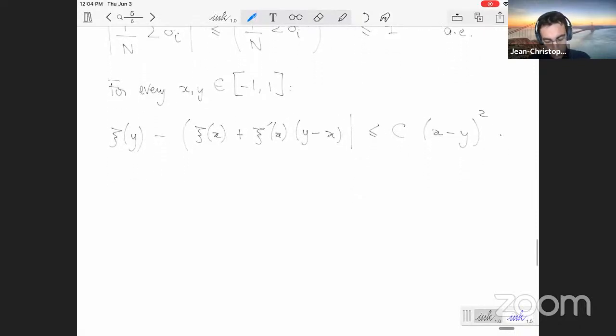I'm going to use this with y being the mean magnetization, 1 over n sum of sigma I, and x being the mean value of that quantity. So this will be psi of the true quantity, and then I'll take the expectation outside, and this should look like the variance. So let me do this calculation. So psi of 1 over n sum of sigma I minus, and here I use the average of the same guy.